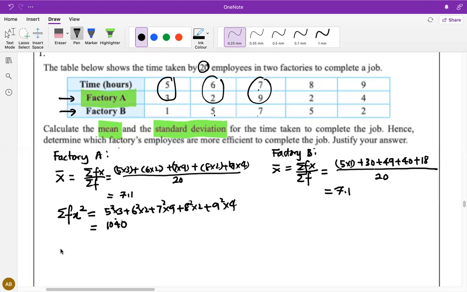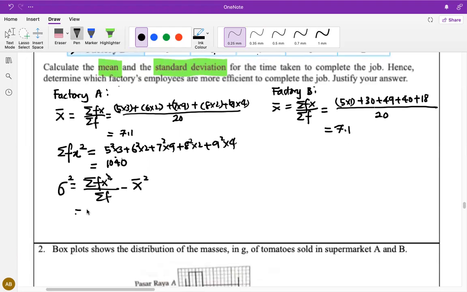Okay, so for the standard deviation we find the variance first, that is the sum of frequency times data squared over the total frequency, minus the mean squared.